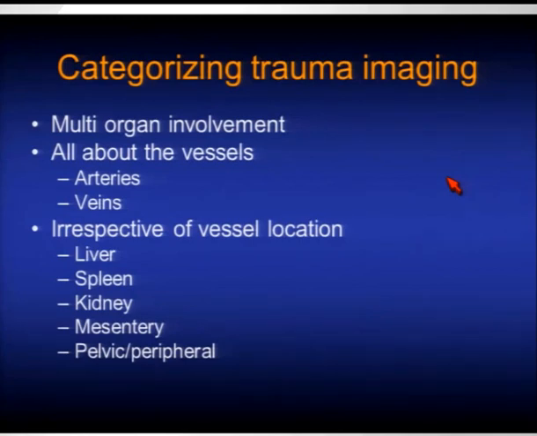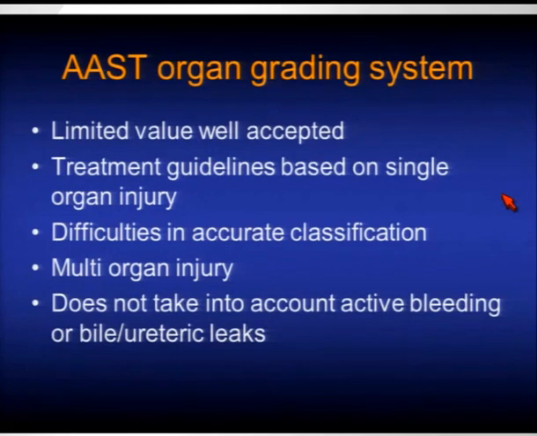Now, you're all probably very familiar with the AAST organ grading system, but it's been well established at this stage that these grading systems are of very limited value. I mean, they were great in their day when imaging was relatively poor. It would give you something to hang your hat on in terms of patient management.